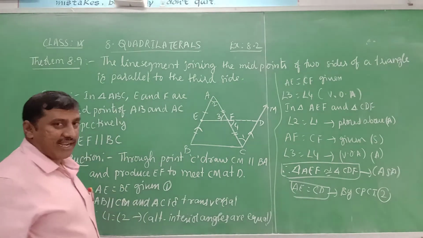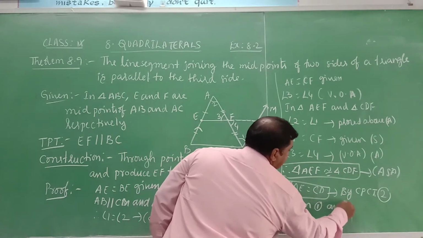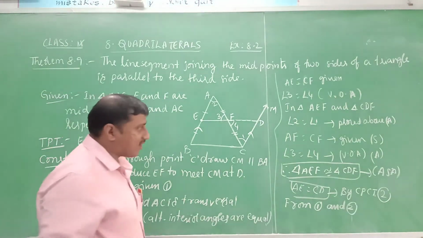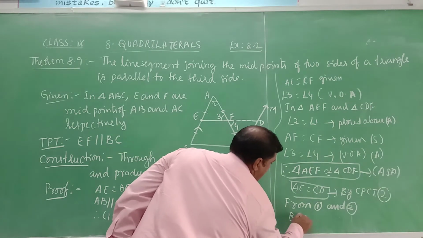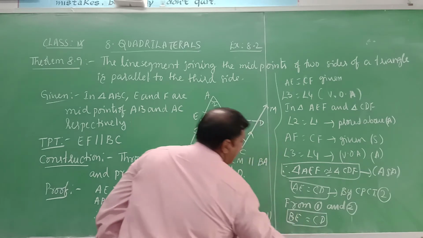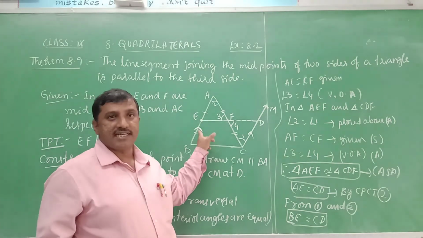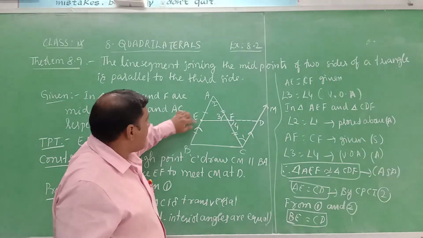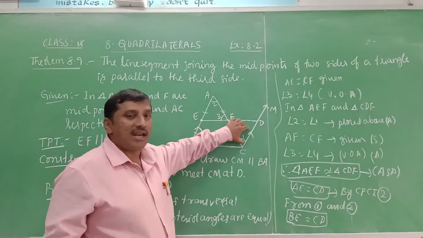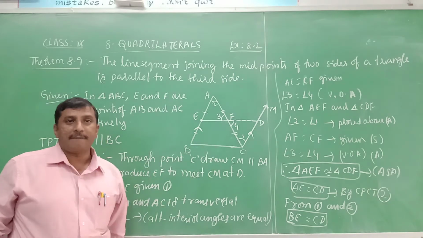So from 1 and 2, that is BE is equal to CD. Yes, we have proved BE is equal to CD. That is one pair of opposite sides of this quadrilateral are equal, and AB is parallel to CM through construction. That is BE is also parallel to CD. One pair of opposite sides are equal and parallel. Therefore, it is a parallelogram.